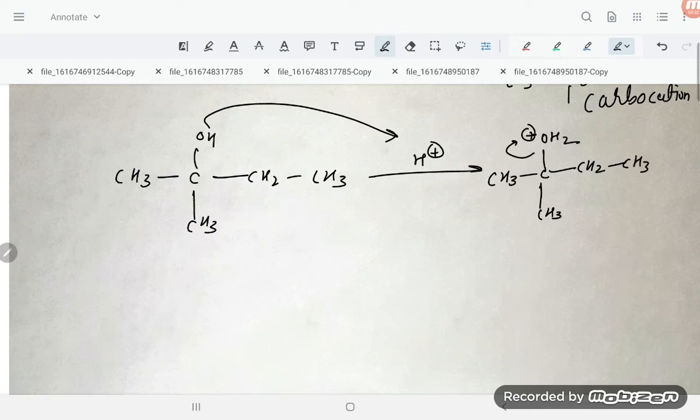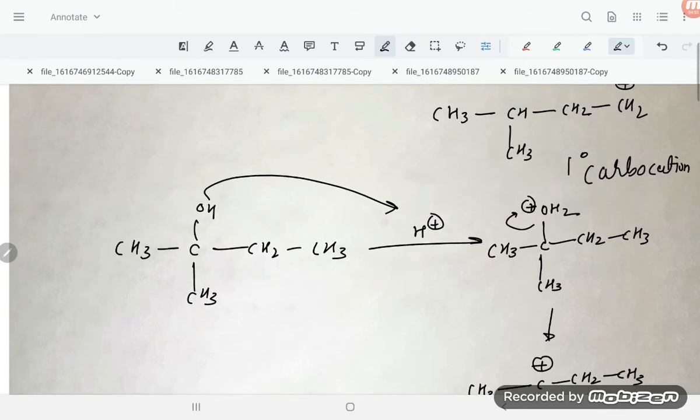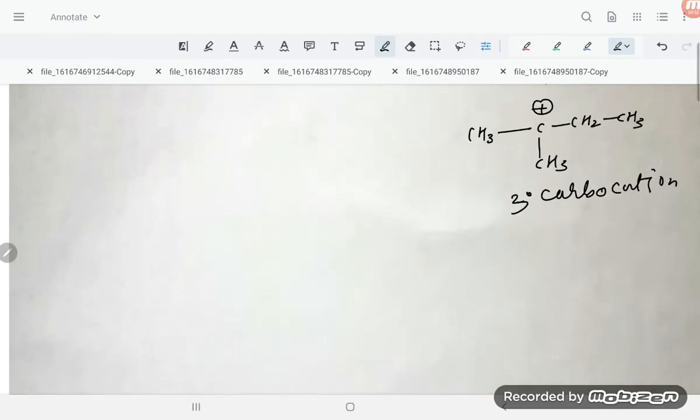Loss of a water molecule takes place. So here is CH3, C with the positive charge, CH2, CH3 and CH3. So this is the 3 degree carbocation. So the first structure is 1 degree and the second structure is 3 degree.